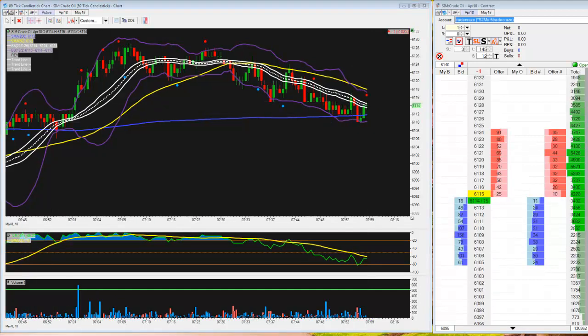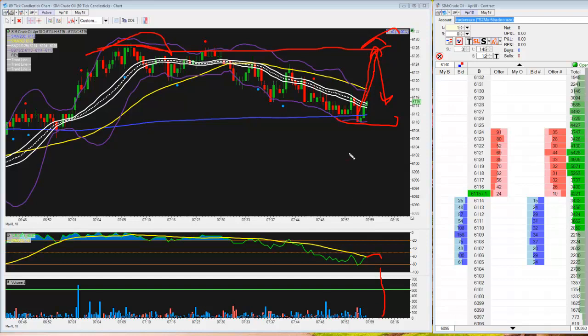Be back. Alright, so the screen draw tool here. What I'm expecting at the open, usually, since we're trading down, is that we'll trade up at least to around this level, testing up here, and then maybe coming back down. Hopefully, if it comes up, we'll get a high blue bar volume, giving us a possible sell signal.